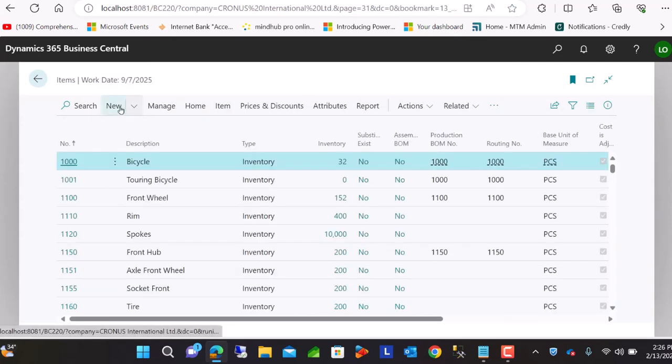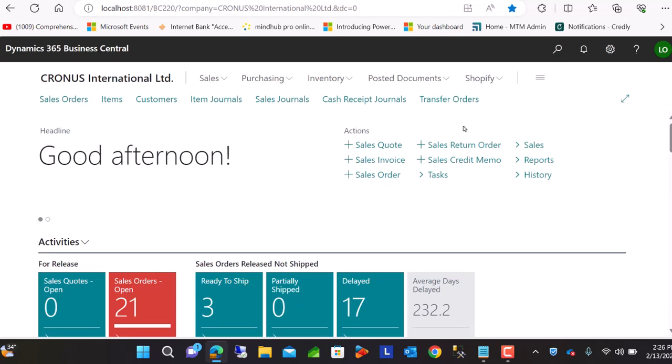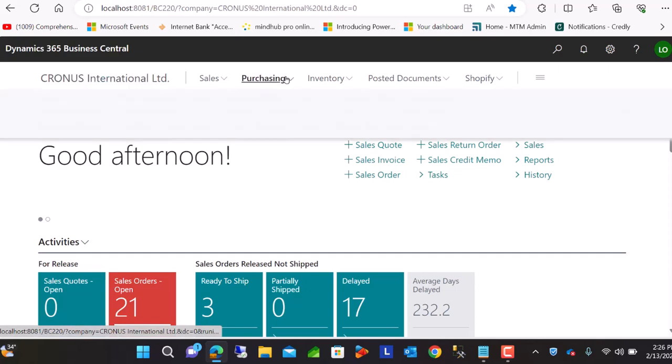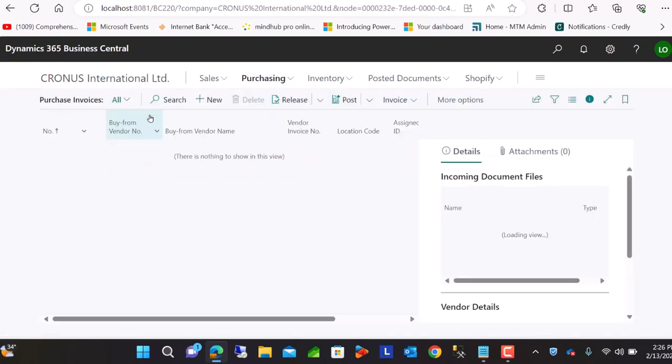So let's search winter. It's already there, winter bag. Good. So we also have the vendor that will supply the goods. We have them already. So let's do purchase invoice. I'll create new.